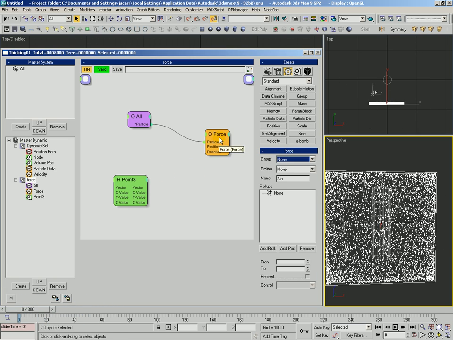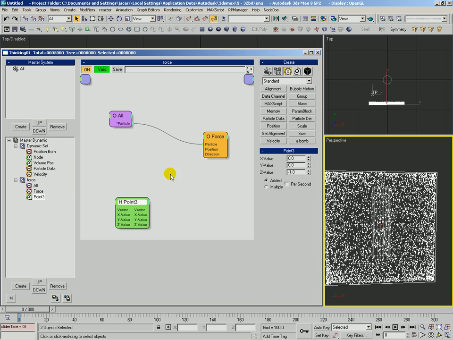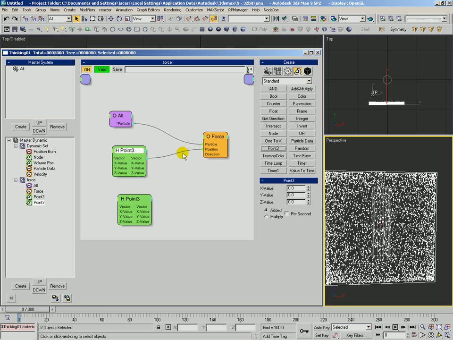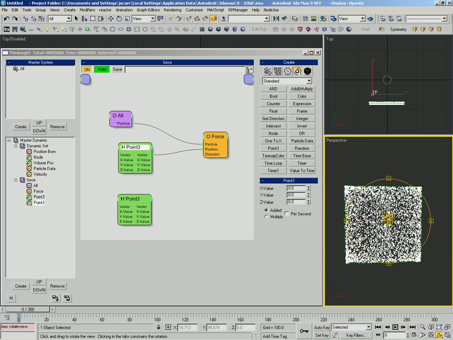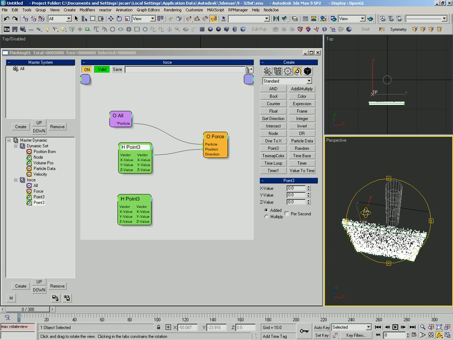Okay, let's go ahead and take a look at the position and direction inputs. We'll use this one as the position. We'll create another helper as the direction. This one is the position. So if we pipe this into position, right now it was at the origin. Let's put it on negative, say negative 20 x.